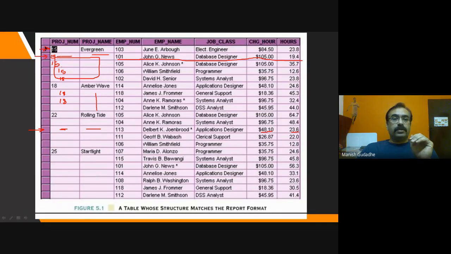I am assuming that it should be 15. I am assuming that this should be 18. This should be 22. So it says that you fill it up. Why are you making unnecessary assumptions and asking the computer to assume? Definitely the computer is not going to assume anything. So instead of that, you better fill it up.